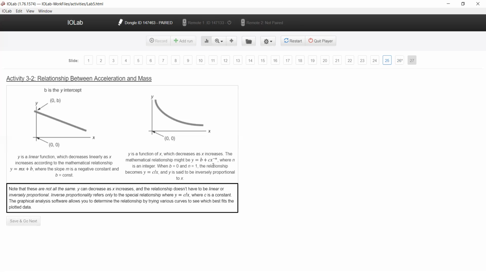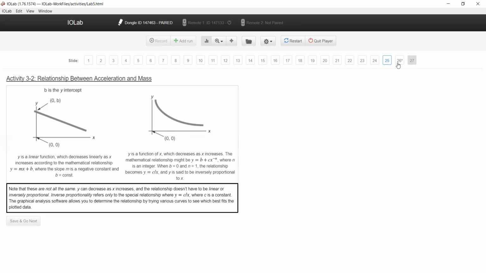The mathematical form might be y equals b plus c x, where b equals 0, and the relationship becomes y equals c times x. Inversely proportional makes more sense with Newton's second law. So you can go ahead and do your calculation.